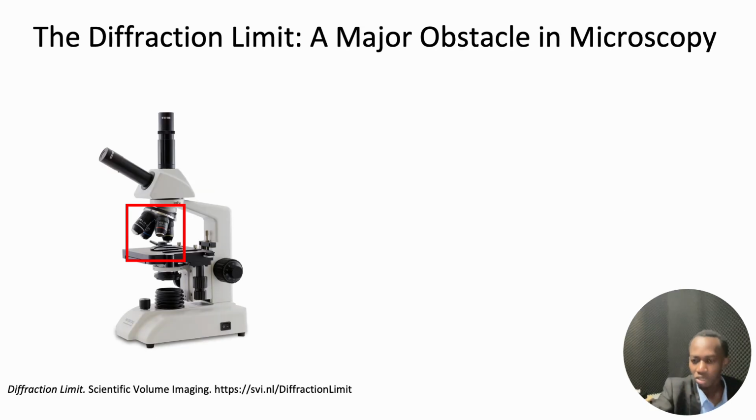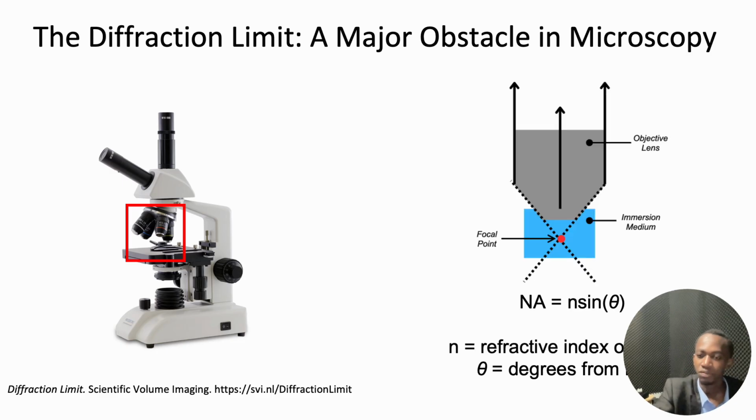The microscopy we are talking about in this case is optical, which means it's using properties of light. One of the properties of light is diffraction, which is just the splitting or bending of light as it passes through a narrow slit. Shown on the left is a normal optical microscope, and the highlighted area is the objective lens.